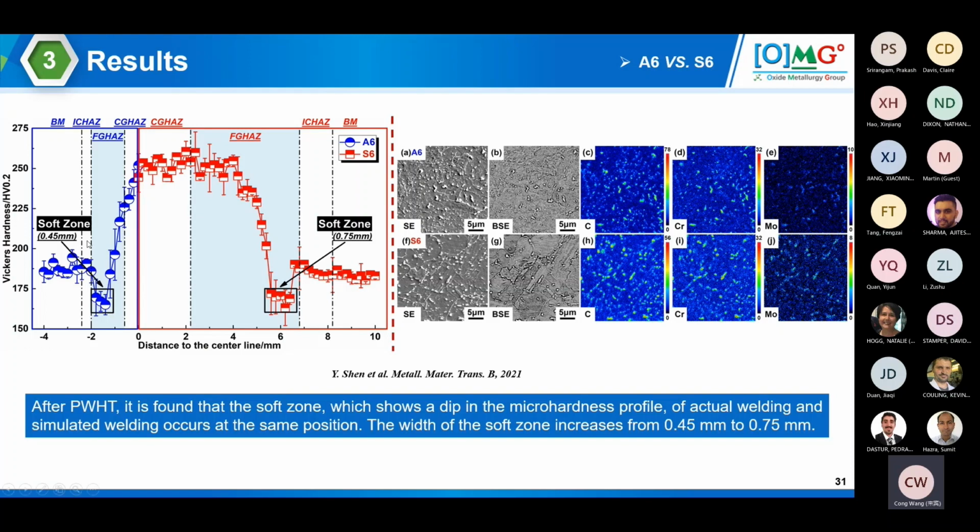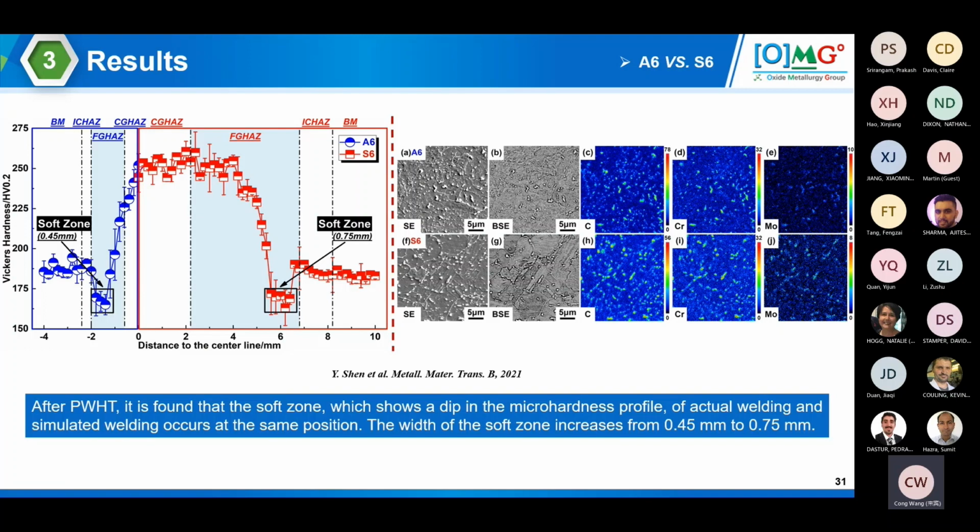After this post-weld heat treatment, for the actual welded part, the soft zone is about 0.45 millimeter, and for the simulated one, it is about 2 times the soft zone.